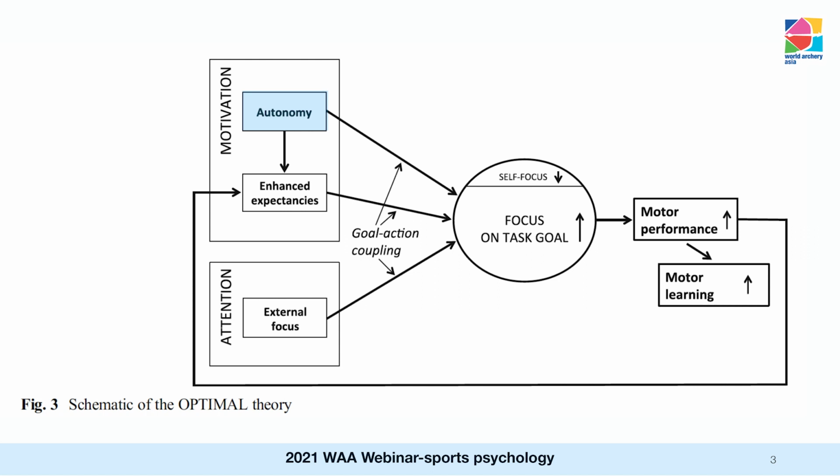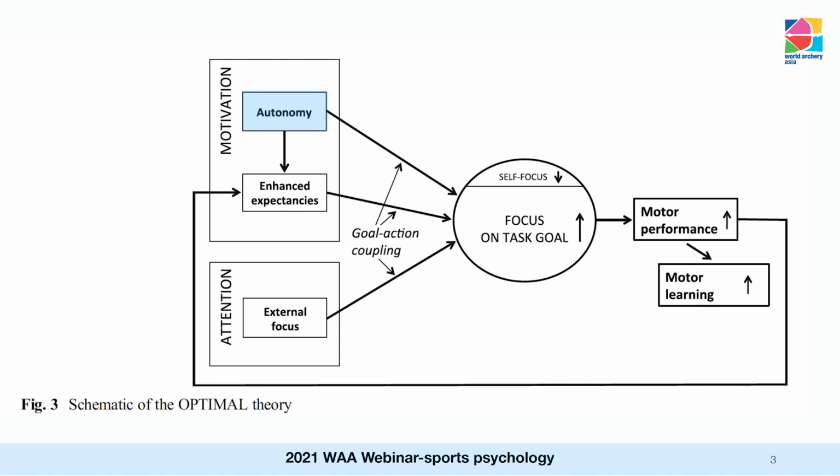In this figure, you can find the two factors, namely motivation and attention, can bring the stronger coupling between the goal and the action. And that will make the learners have greater focus on the task itself. And that will in turn increase the motor performance during the learning.